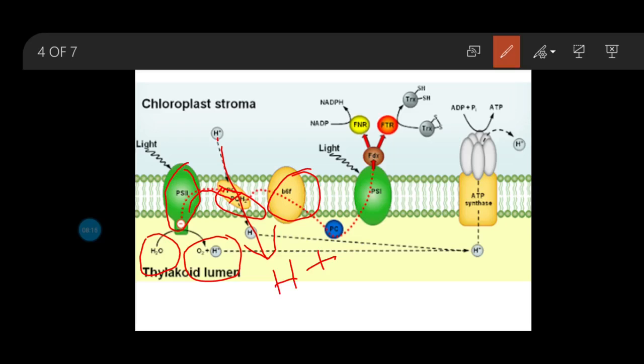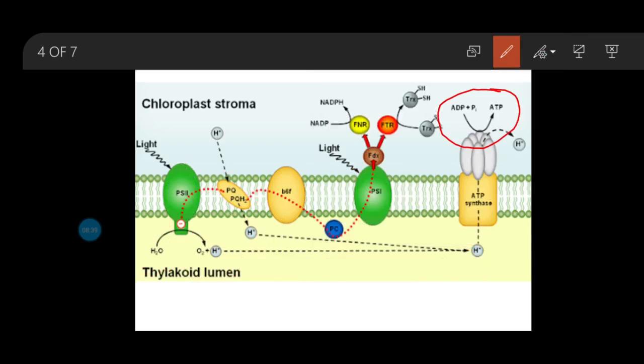After that a gradient forms, and due to that gradient the protons are moving back again to the stroma through the complex known as ATP synthase. So when the protons are moving back to the stroma, the energy is used to produce ATP molecules here.